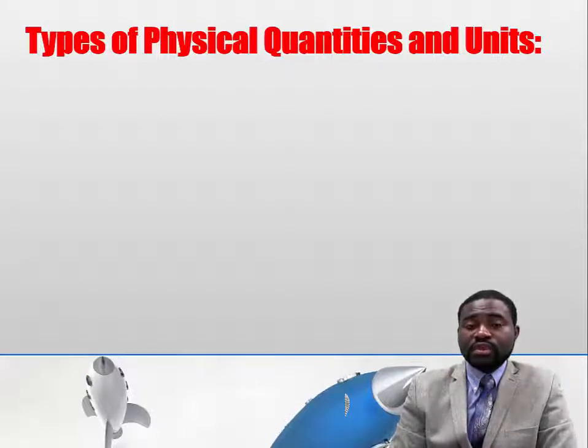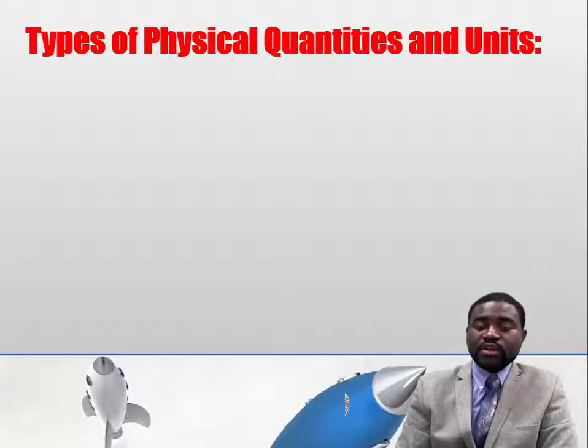Any attribute of nature that can be measured is a physical quantity. And to measure requires a standard of measurement. That standard of measurement must precisely be defined, and we call that a unit.